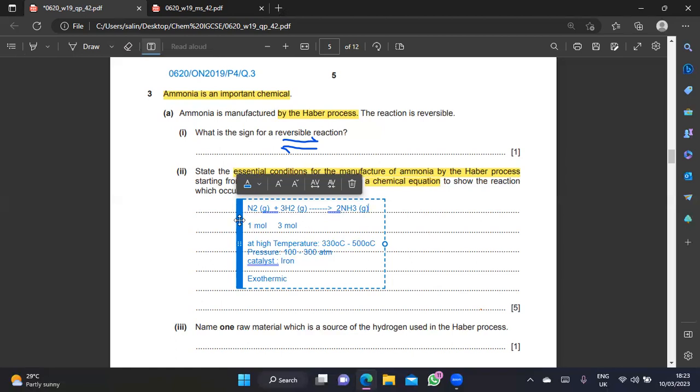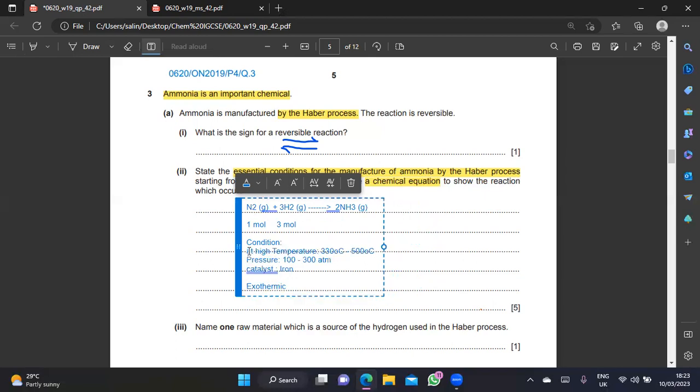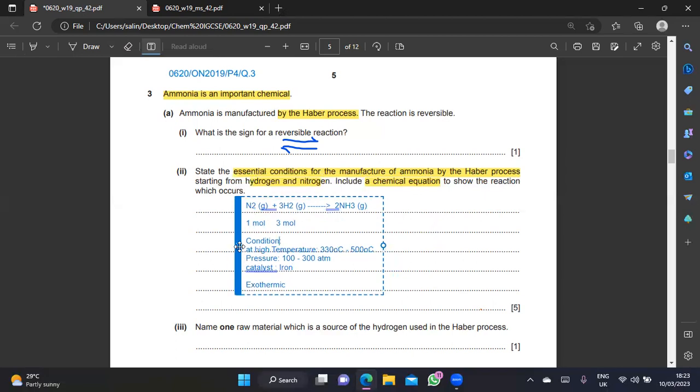So in other words, if I were to do this question, I just put down the equation. So what are the conditions? You can say the condition required. Just put condition needed here. Okay, at high temperature. What are the things you have to memorize?